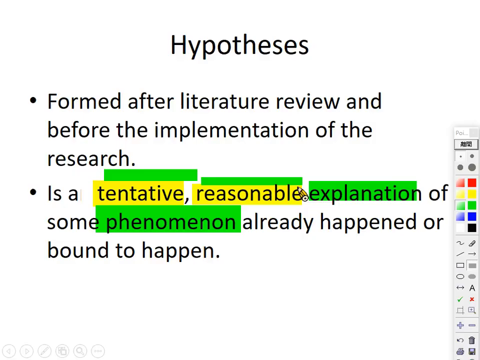What is your explanation about this? Well, a tentative, reasonable explanation maybe is something like this: oh, it is a dog peed on the street, right? Very, very likely. So this explanation is tentative, is bound to be tested.